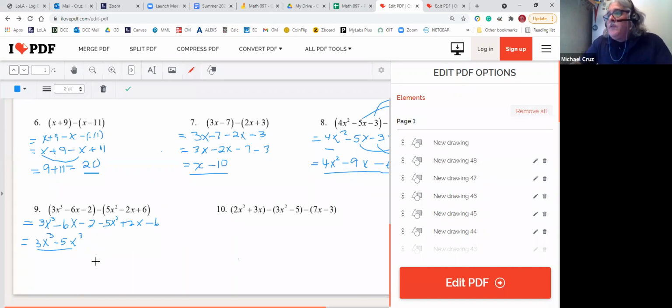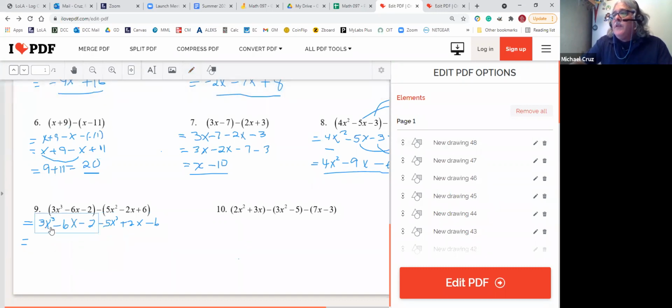Was that cubed, or that's, oops, you know what? Got to back up on that one. These are not like terms. Look at that. See, those are not alike. So that's got to stay by itself.